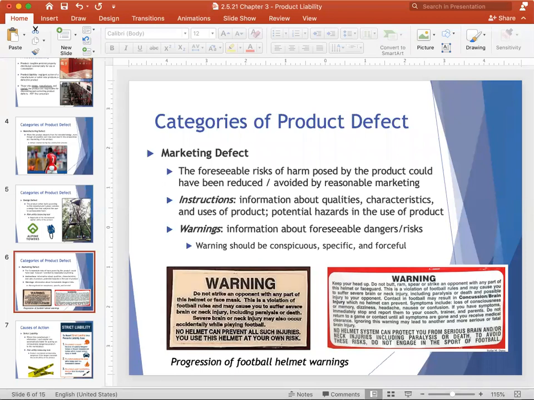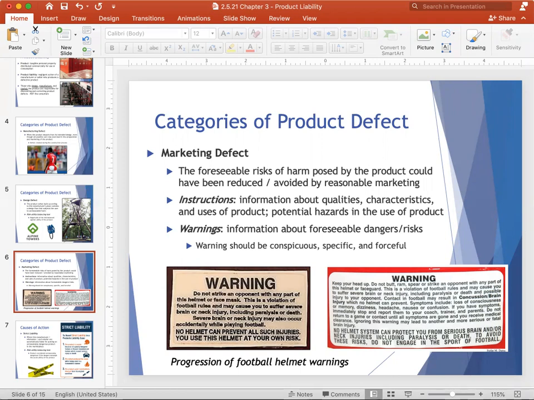So any folks who are interested in becoming an equipment manager or being engaged in the design, manufacturing, and marketing process of equipment, I encourage you to get to know this association. So, National Operating Committee on Standards for Athletic Equipment. They established performance standards for football helmets, and they also established what verbiage needs to go on the football helmets.